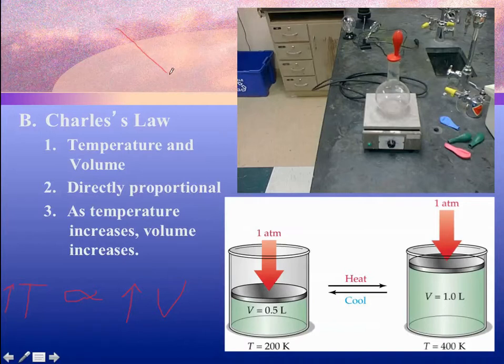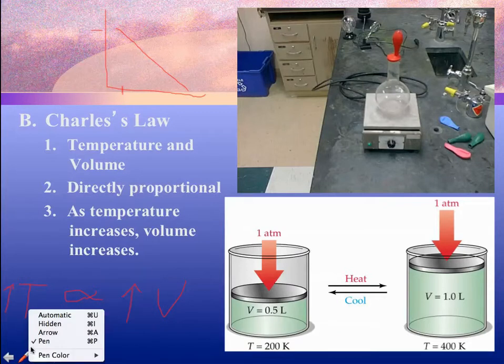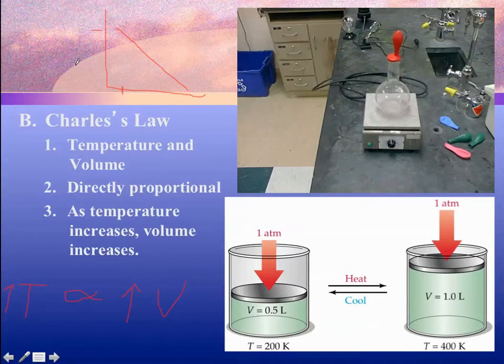And this should have had a linear relationship, so we're pretty close to it. So as temperature increases, the volume increases. So Charlie Sheen is on TV.